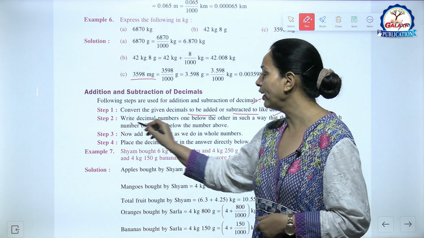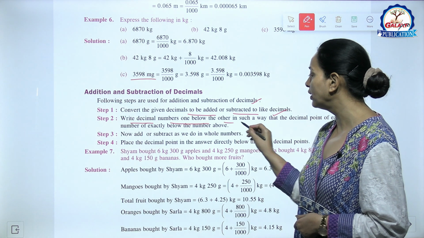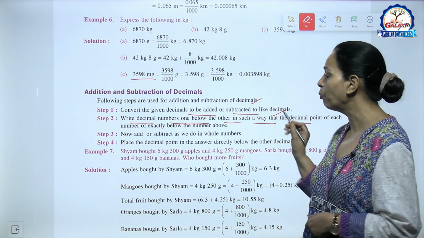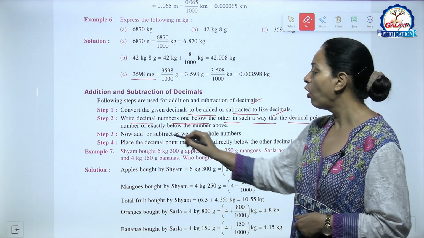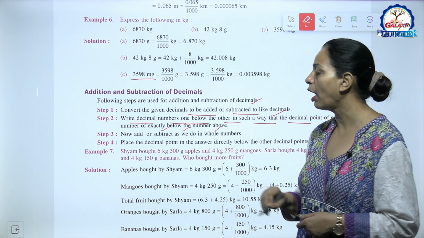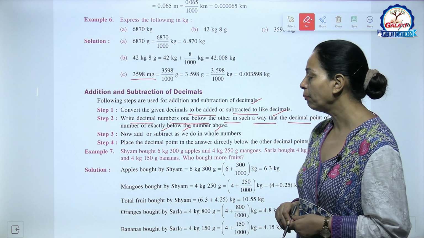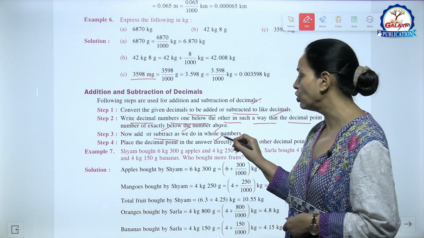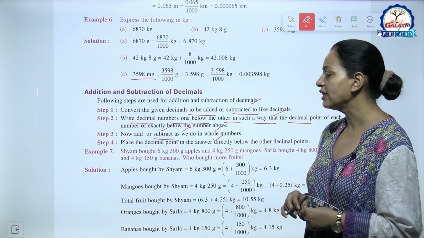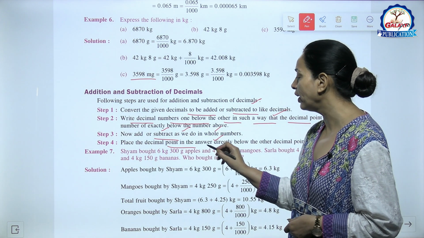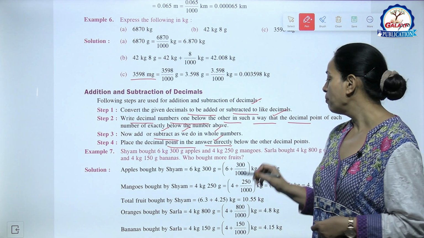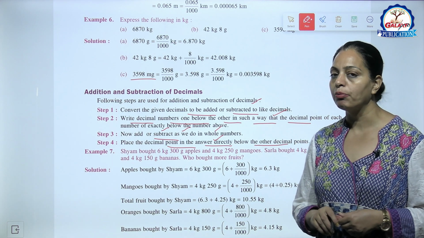Now step 2, write decimal numbers one below the other in such a way that the decimal point of each number is exactly below the number above. Okay. Now step 3, add or subtract as we do in whole numbers, and then step 4, place the decimal point in the answer directly below the other decimal point.